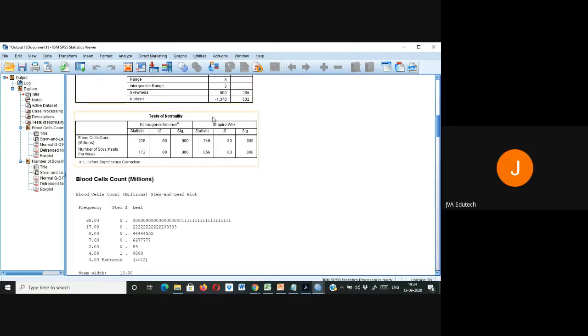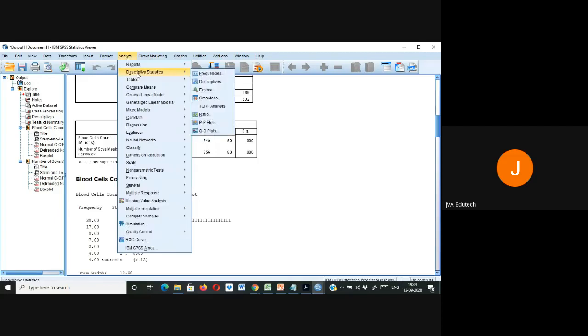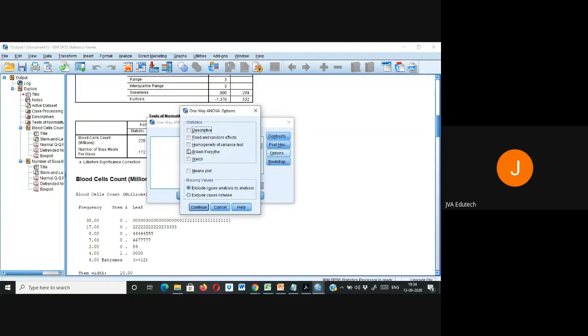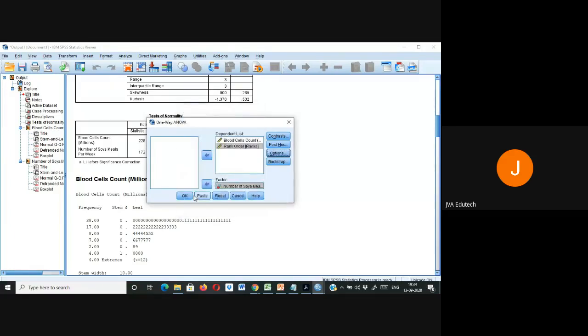Since we have four different groups independent of each other, it's also better to test for the homogeneity of the variances. So go to analyze, compare means, one-way ANOVA, take the dependent list, blood cells count, into the dependent list and number of soya meals into the factor list, options, homogeneity of variance, continue.